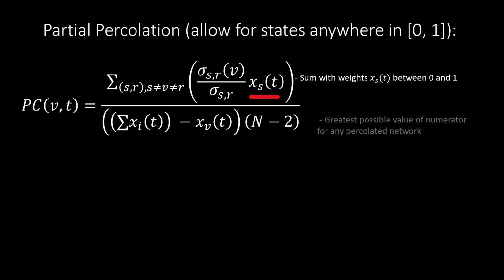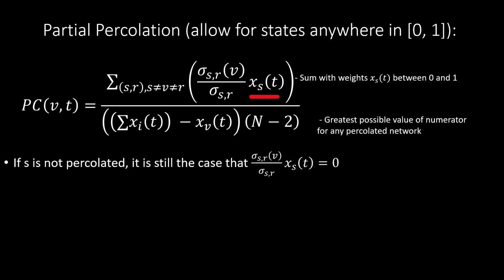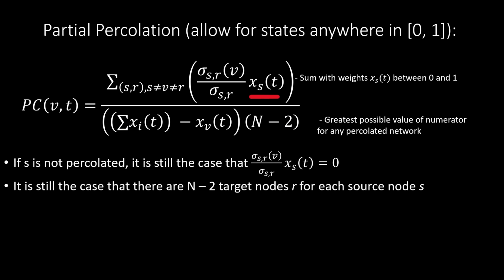The denominator is still the maximum possible value of the sum in the numerator, so we still get a final output between 0 and 1. To see why this is, notice that summands corresponding to non-percolated source nodes are still equal to 0, and there are still n-2 summands for each choice of source node.